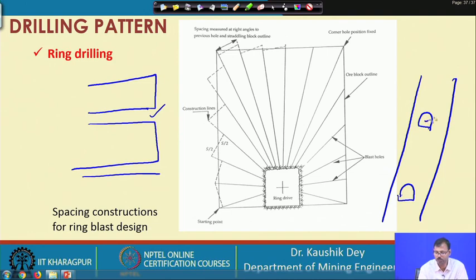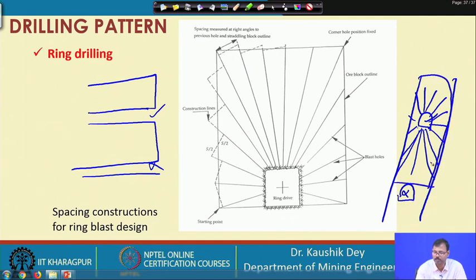Then the drilling has to be carried out in a ring manner, in all directions, so that this complete rock volume is fragmented and deposited in this area, and the loading machine can take out this material.